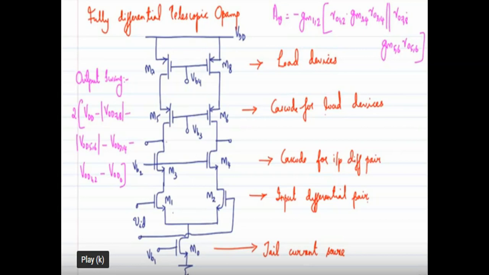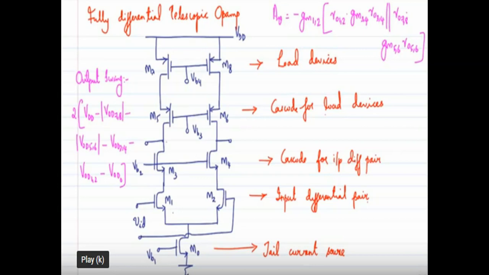Then what about the output swing of fully differential telescopic op-amp? Here also we want to consider both the sides. So in order to consider both the sides, the output swing is doubled as compared to single-ended telescopic op-amp.